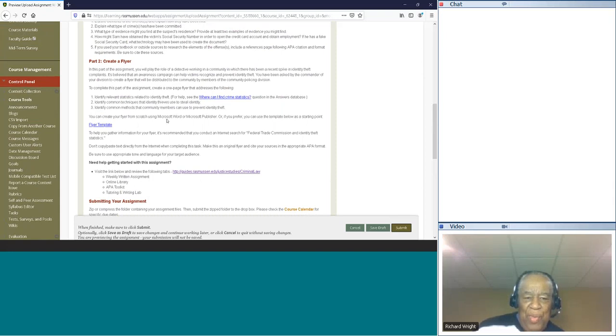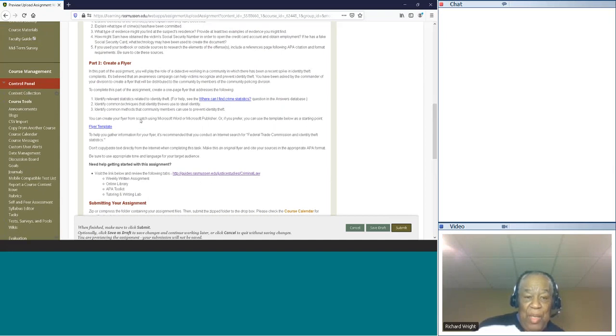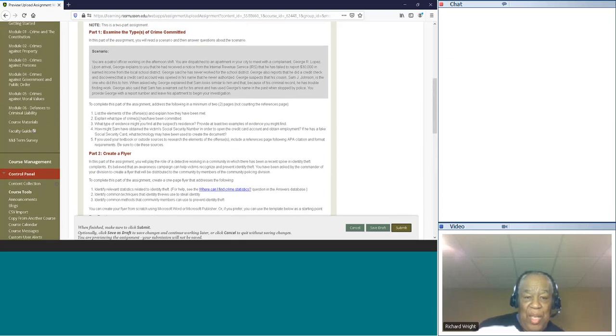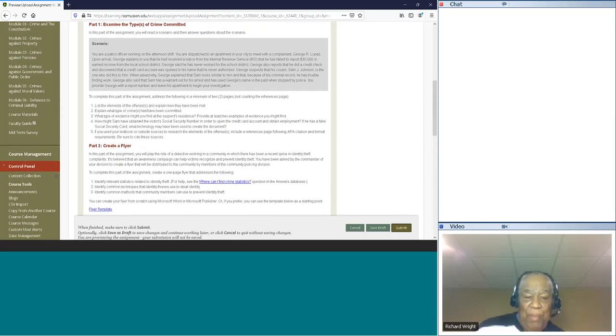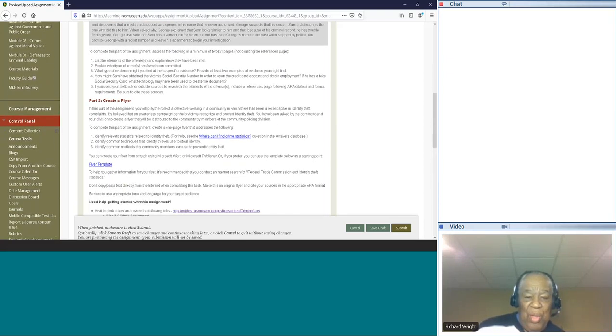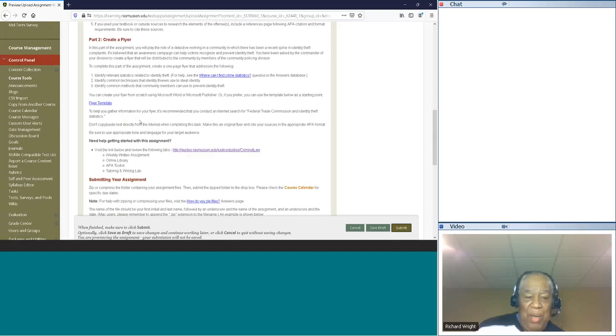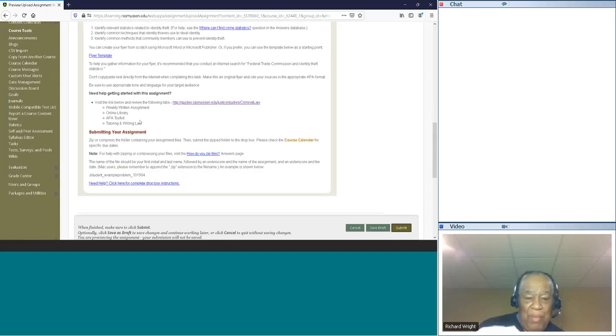There we go. Or Publisher. But this template will help you a whole lot, so you can add material. And I can run it through Grammarly. If it's a PDF, I can't do it. You're going to have to make sure that it is a Word document. Okay.